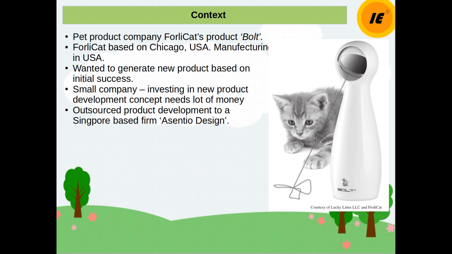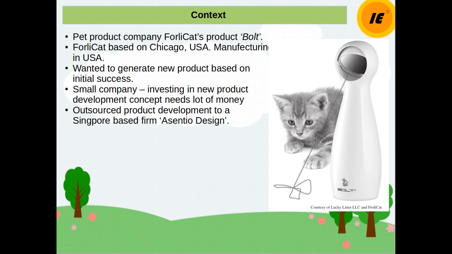The material for this chapter was developed by some other person, not the author, or at least with the help of another person. The context is there is a company called Forlico Cat, which produces various pet products.